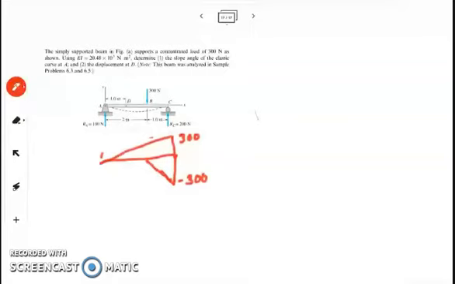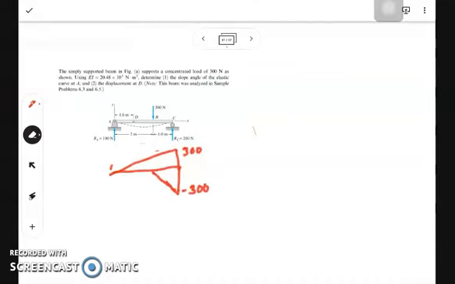Let us try to draw our elastic curve from point A towards point C. So we have here our elastic curve.